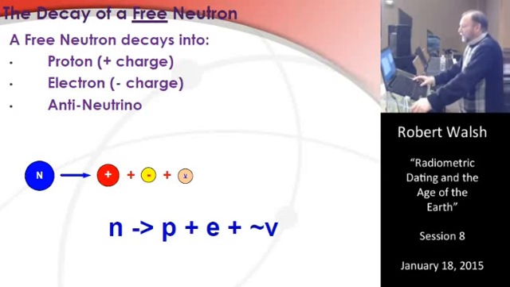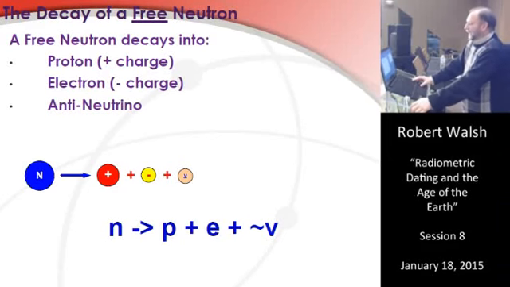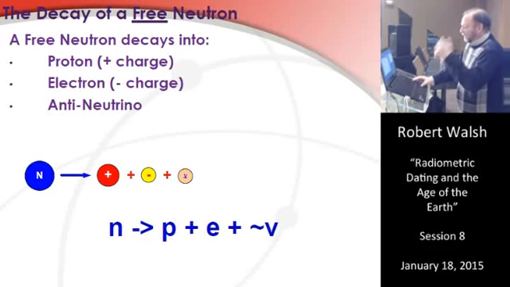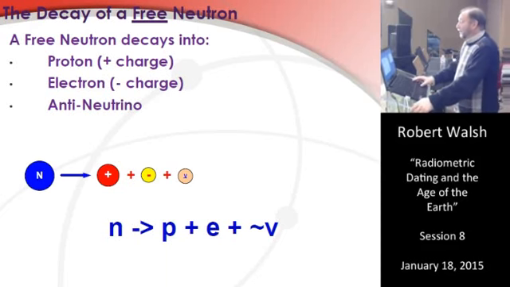The neutron decays into a proton and an electron and what's called an antineutrino. And this antineutrino, if you want to think about it, it's kind of like energy. And so this neutron, over a period of time, will decay into a proton and an electron and give off some binding energy, if you will. So that is how a neutron decays.